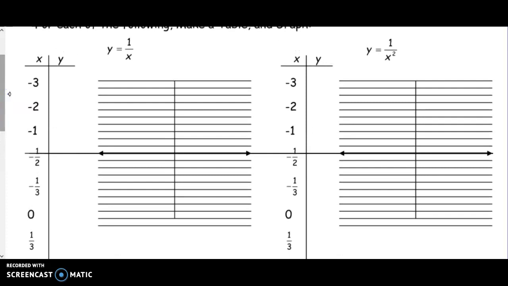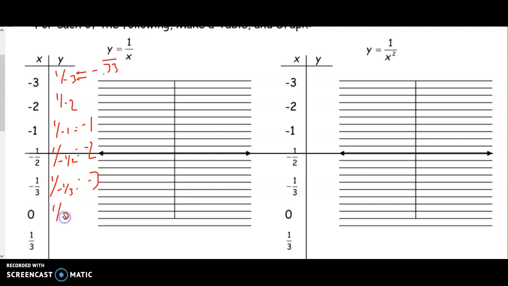All right, 1 over negative 3, so roughly negative 0.33333. 1 over negative 2, so negative 0.5. 1 over negative 1, so negative 1. 1 over negative 1/2, so that's going to be negative 2. 1 over negative 1/3, negative 3.